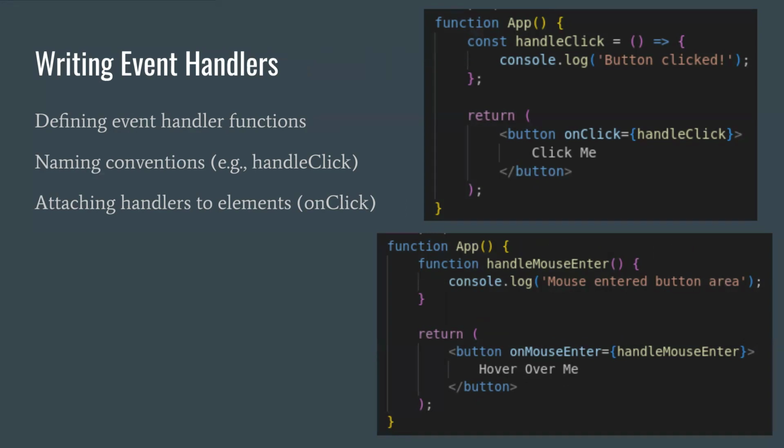So the way you do it is you define a function within your component, following the naming convention handle, followed by the event type, such as handleClick for a click event, and you would then pass this function as a prop to the element you want to attach to using React's event naming convention, such as onClick for click events.